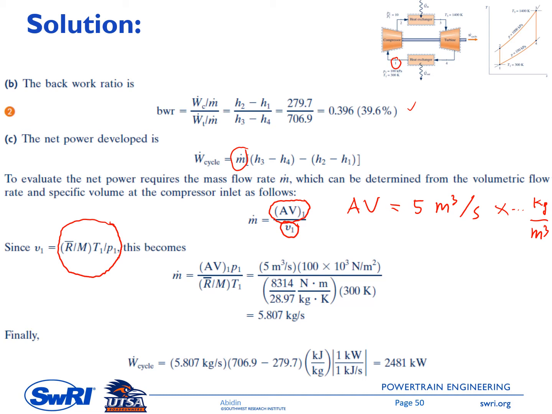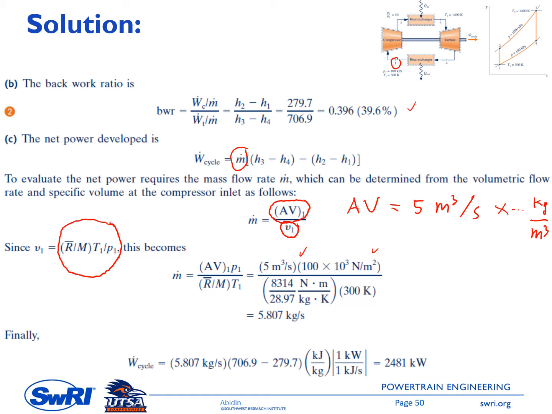R bar here is 8.314 kilojoule per kilomole Kelvin, or 8314 joule per kilomole Kelvin. So you just plug in all the numbers here, making sure that we have the correct units. The A times V is 5 cubic meter per second, and for pressure, you need to convert it to Newton per square meter. I believe the given unit is kilopascal.